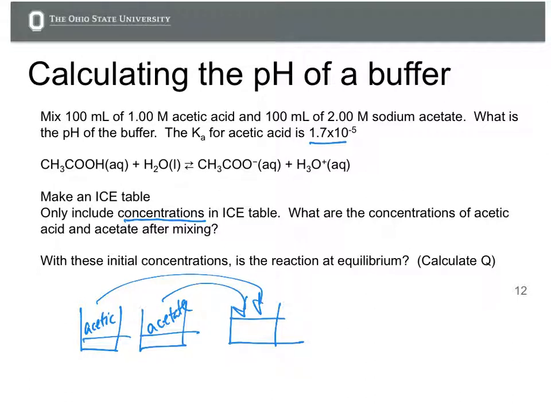And now we're going to have a solution with a total volume of 200 mils. Okay? So our concentrations that were given are actually going to end up being diluted because we're mixing these two solutions together. So you can use the dilution equation. Everyone remember this one? M1V1 equals M2V2, or MIVI equals MFVF, initial final.